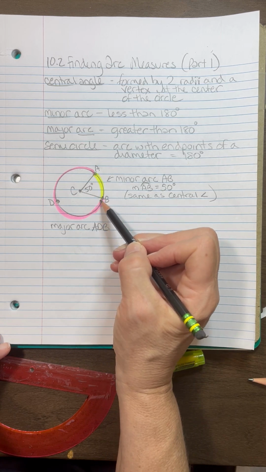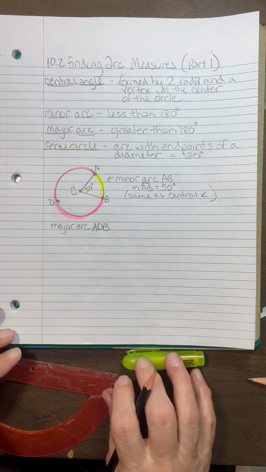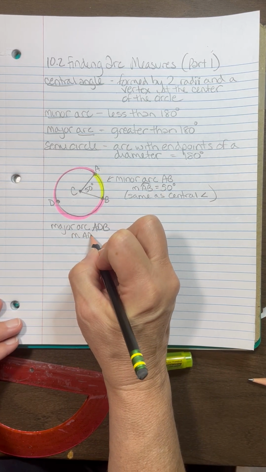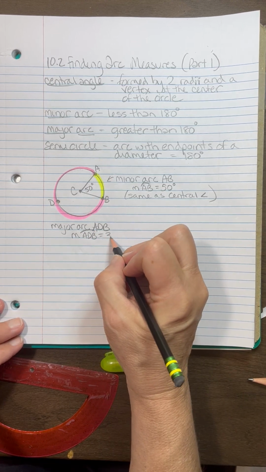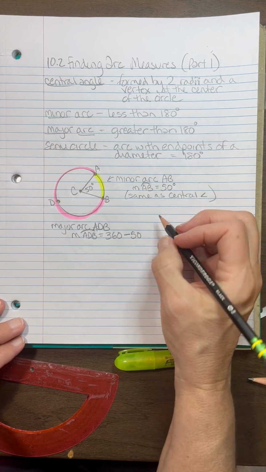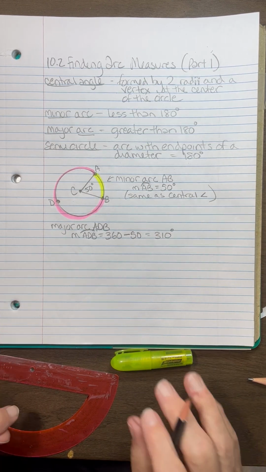AB would be the minor arc, ADB would be the major arc. Okay, this measure of arc ADB then is going to be equal to the whole circle minus the 50 degrees of that minor arc. So it'll be 310 degrees for that major arc.